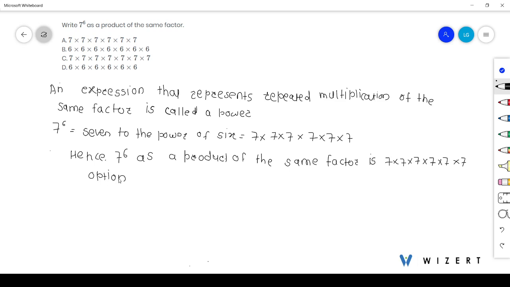So from the available options, option A represents that 7 to the power 6 as a product of the same factor.